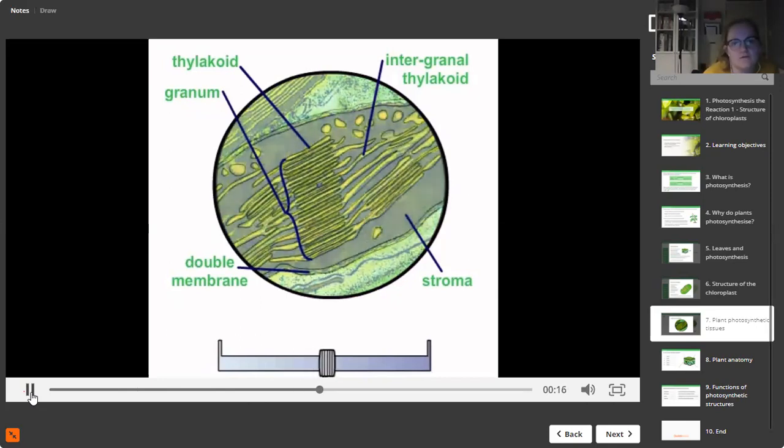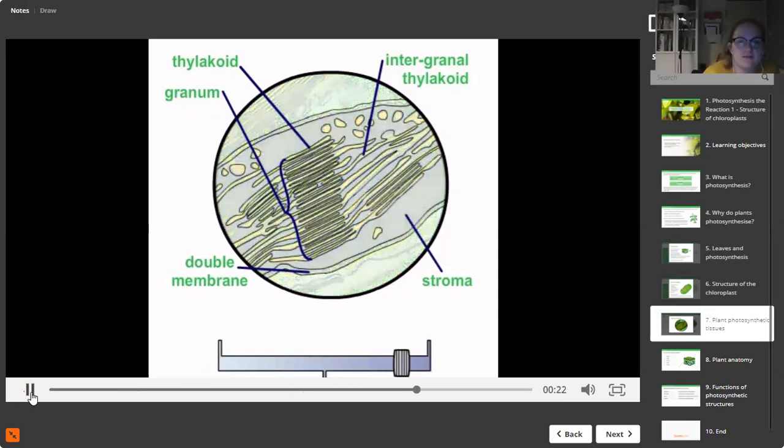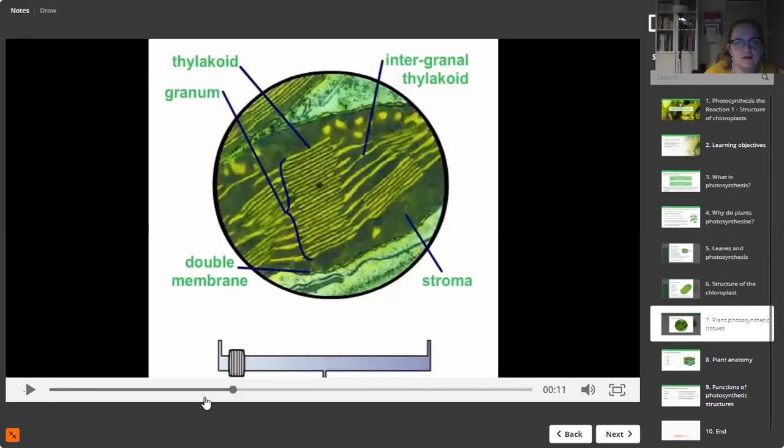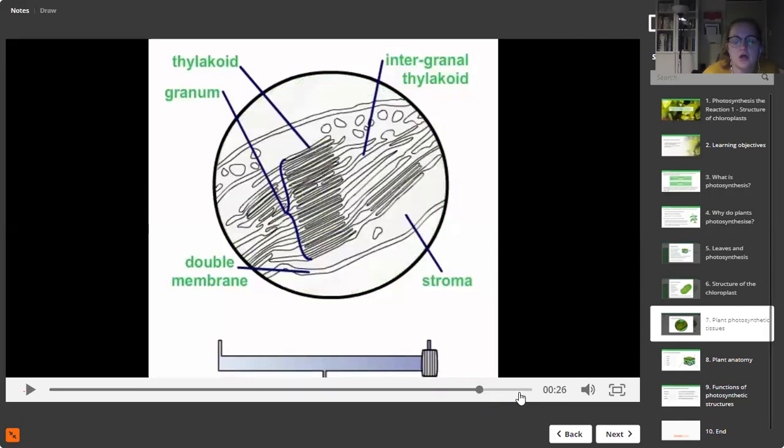So we're taking away the colour, so then you can actually see it as it would be drawn as a diagram. If you were going to draw this as a diagram in a textbook, it would look something like this. You add the colour back in and it looks like that basically. So that gives you a really good image of how it might look in a textbook. If it's just drawn, you've got your thylakoid.